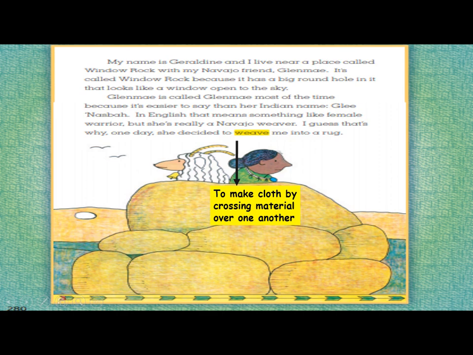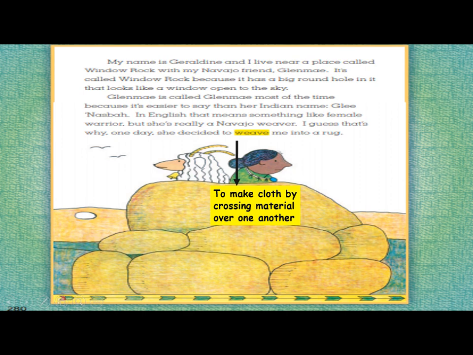This is the setting, the place of the story. "With my Navajo friend, Glen May." So the first character is Geraldine, the second one is Glen May. "It is called Window Rock because it has a big round hole in it that looks like a window open to the sky." This is the rock and it is open here.